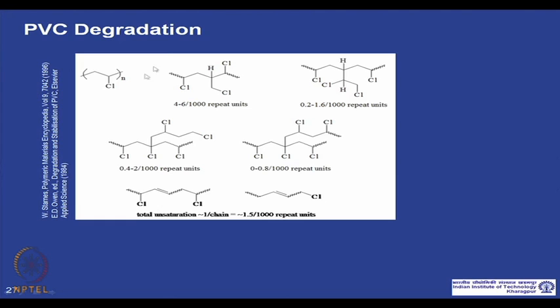Let us take an example about polymer degradation. We are discussing that polymer might degrade in presence of UV light or in presence of heat or light. Now, let us talk about one of the common examples of polymer degradation and stabilization, the example of polyvinyl chloride degradation.